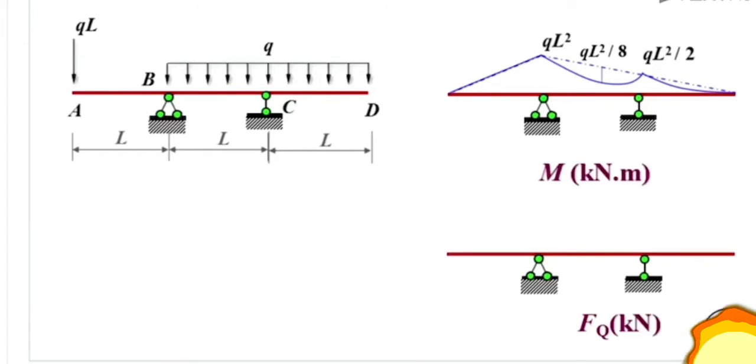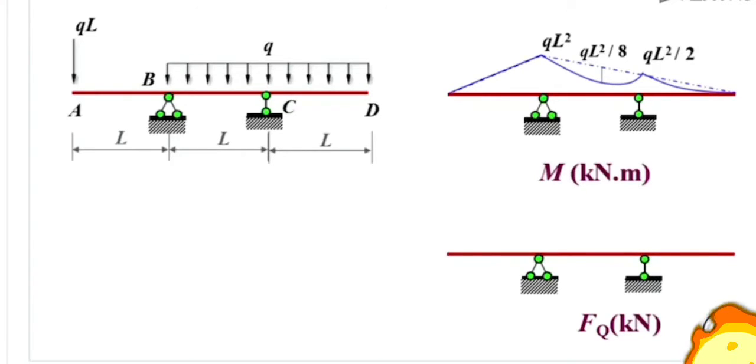Firstly, we draw the dashed line for the shear force diagram according to the bending moment diagram's dashed line. For the AB part, the bending moment diagram is a straight line, so its shear force diagram must be a line parallel to the axis.